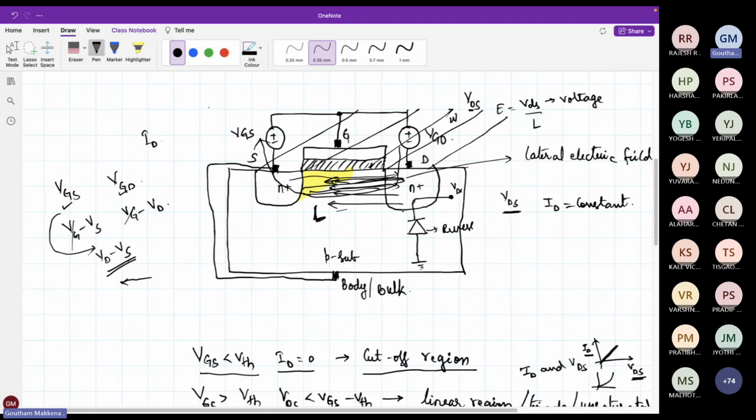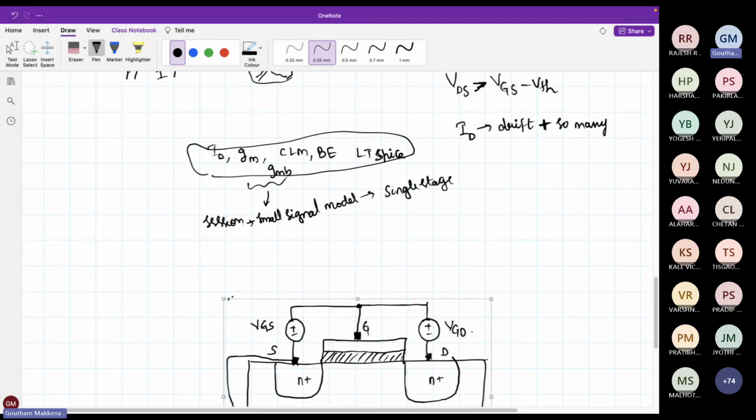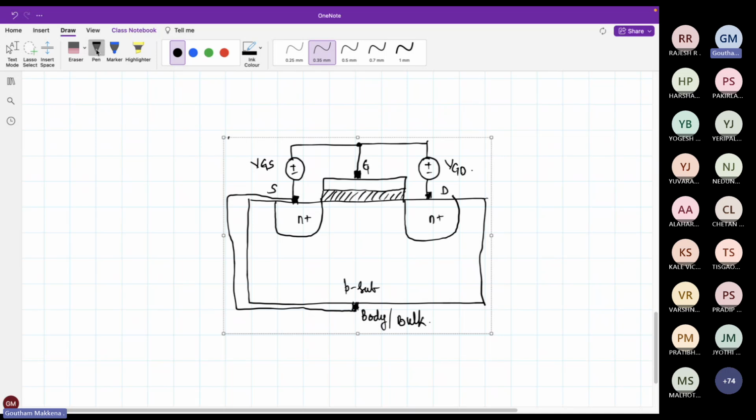When there is a reverse bias, what happens? There will be a depletion region between N and P. See, this is N and P semiconductor. If you put reverse bias, there will be a bigger depletion region, yes or no?